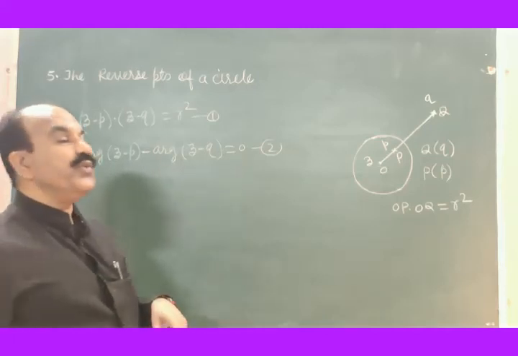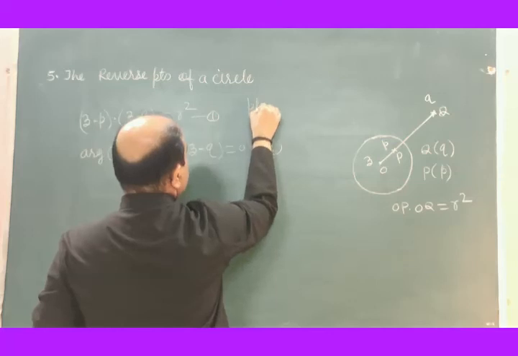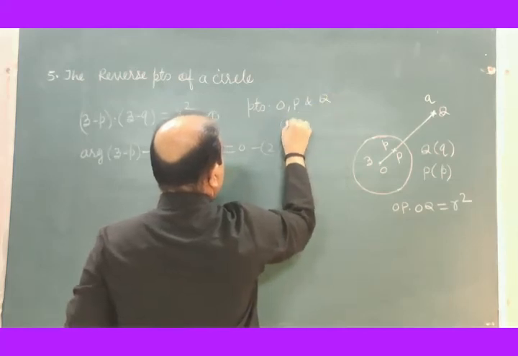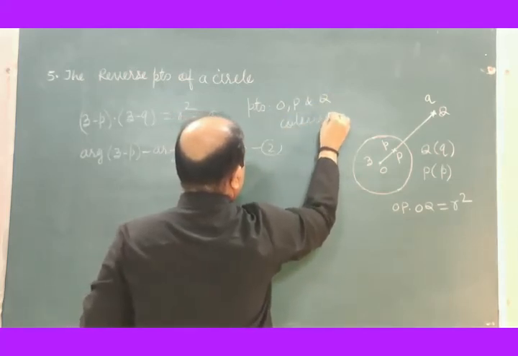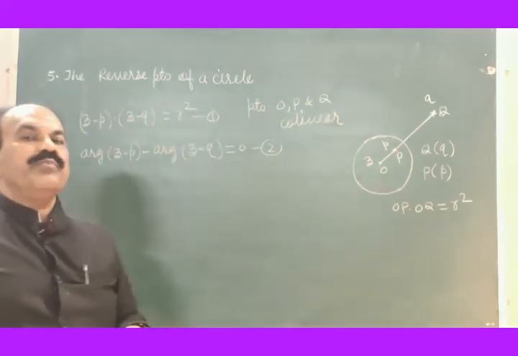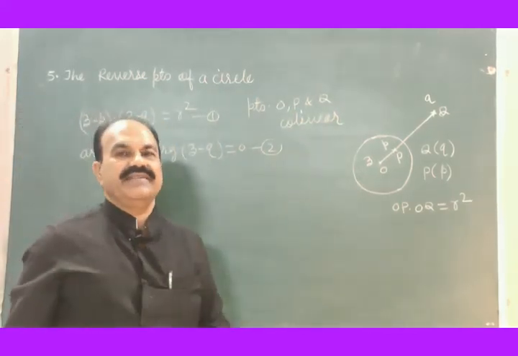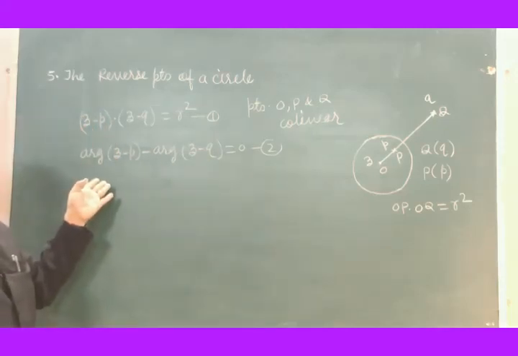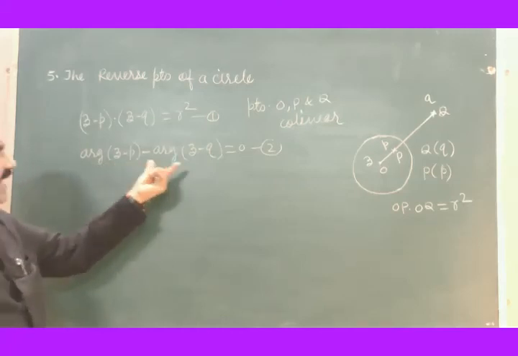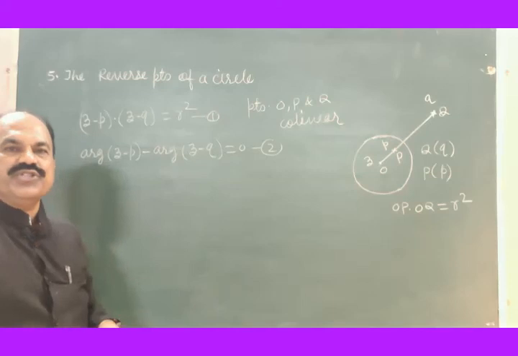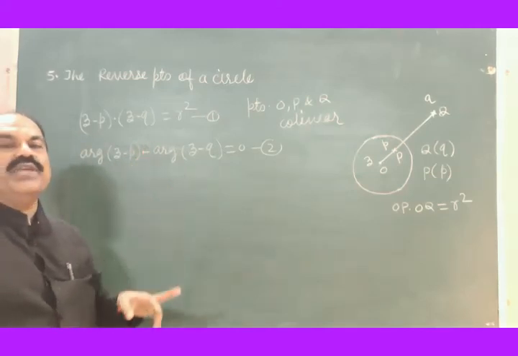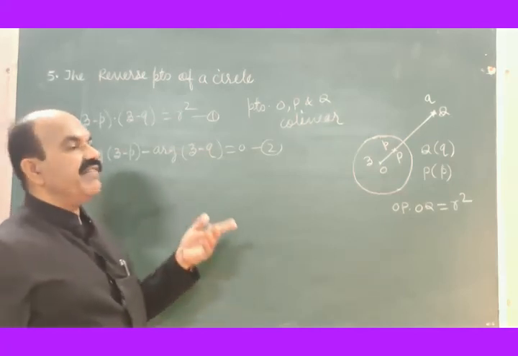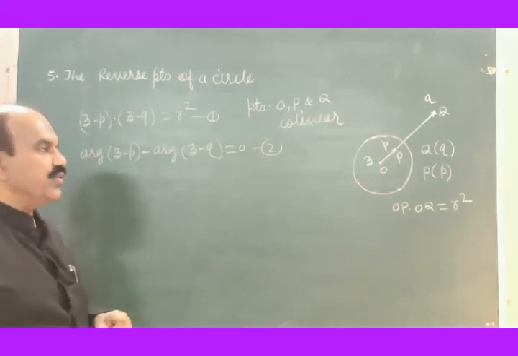Because points O, P and Q are collinear. Points O, P and Q are lying on the same line. These are collinear points, and therefore the angle between vector OP and vector OQ is equal to 0.